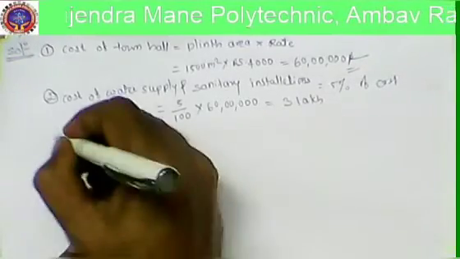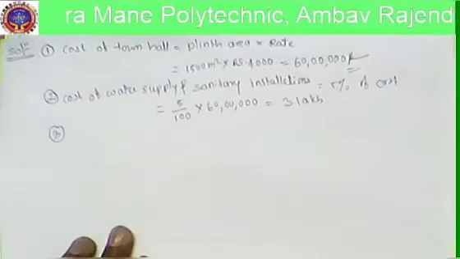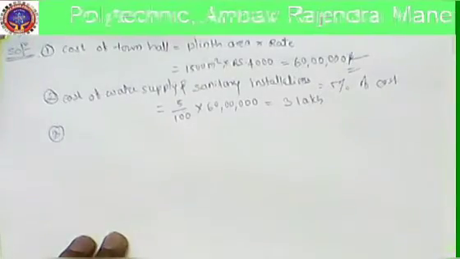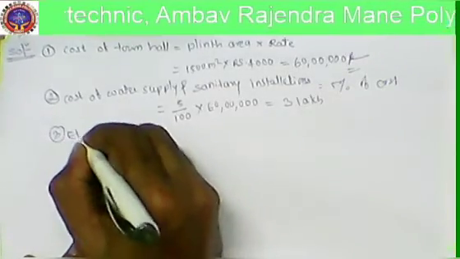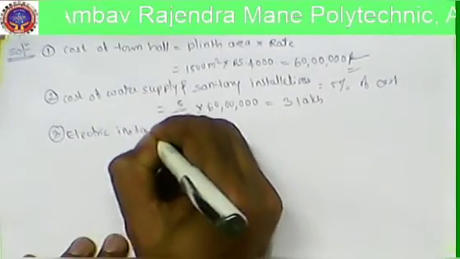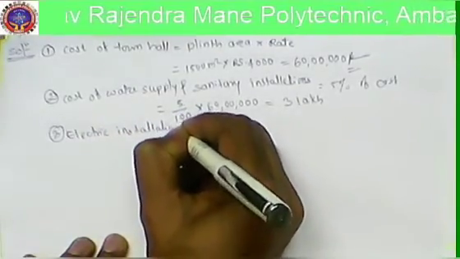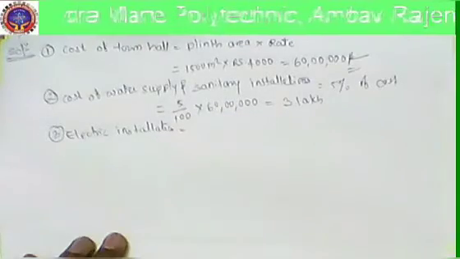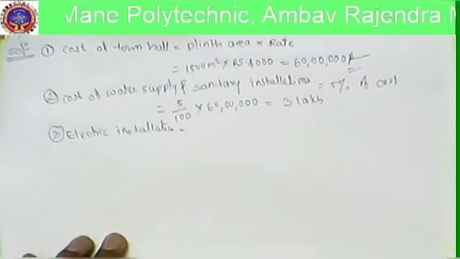Third one is electric installations, and electric installations require 10% of cost of building.